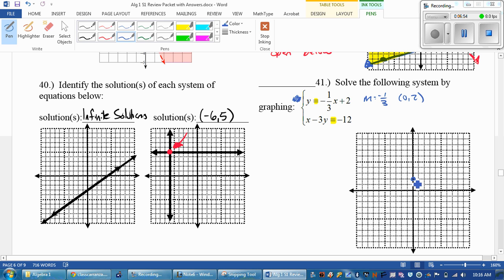So (0, 2) is where I start, down 1 over 3, and then I do that in both directions. 1, 2, 3. There's all my points. Now we're going to draw the line using the ruler.